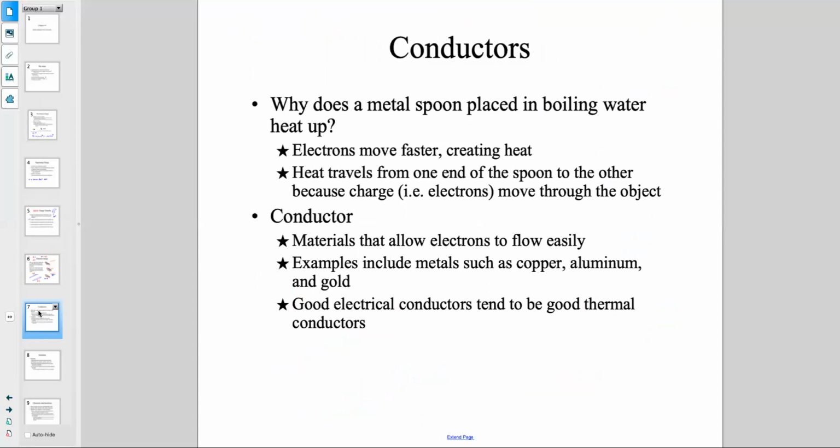And so good electrical conductors tend to be good thermal conductors as well. Okay, so if you have a good electrical conductor, you have a good thermal conductor as well. In other words, if it's a good electrically conducting object, it will transfer heat easily for us.